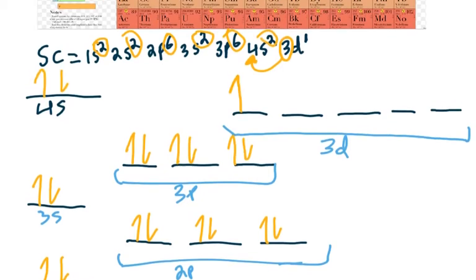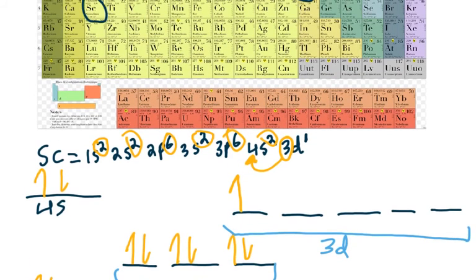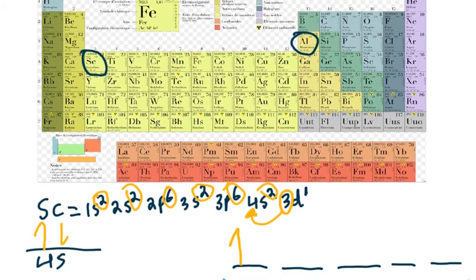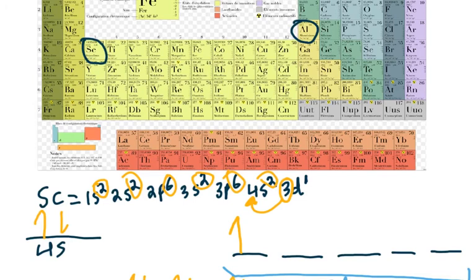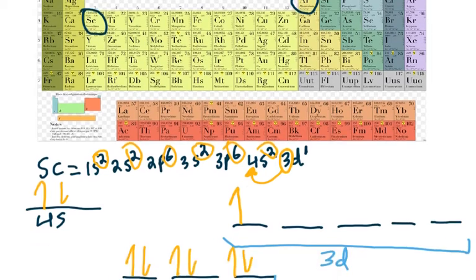The 3d orbital has an unpaired electron, because it's not paired with a negative spin electron. That means scandium will be paramagnetic. When we write electron configurations, we come across the s orbital first, and then start our d block afterwards. So this time we have to look at 3d instead of 4s.